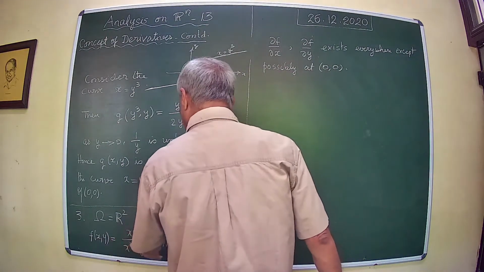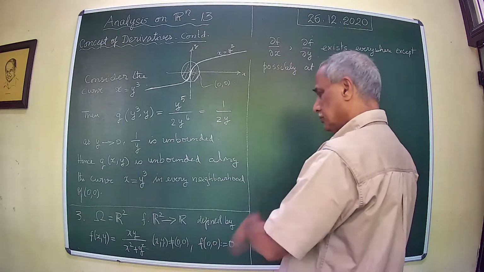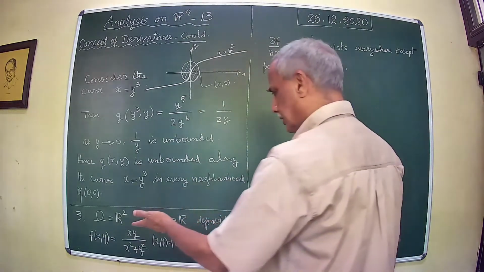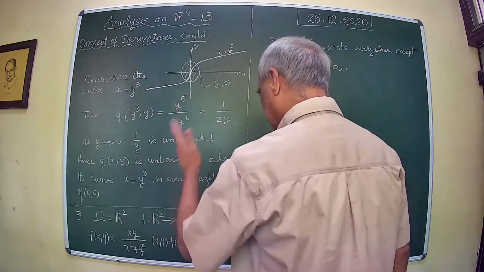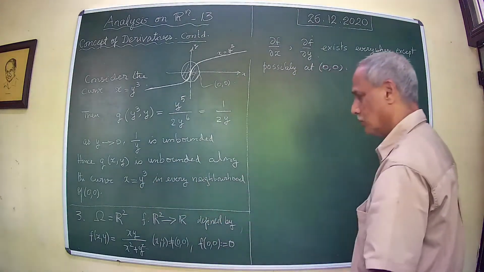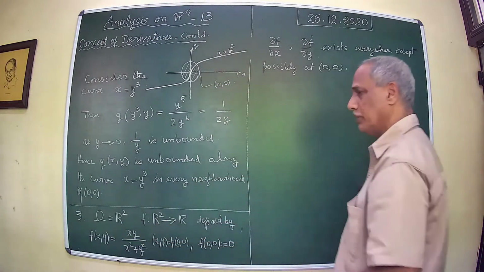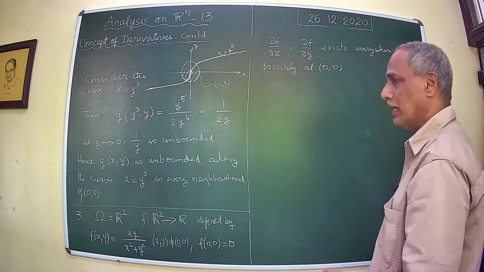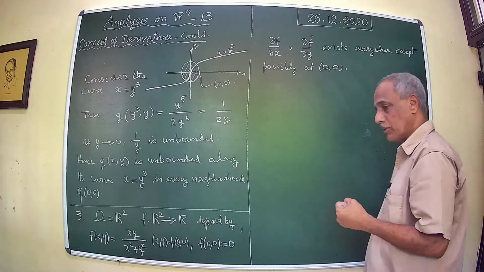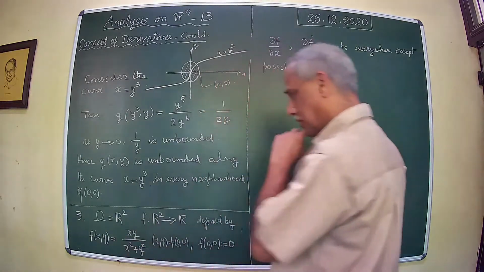What comes in the denominator is x square plus y square whole square, and the numerator is a polynomial, and the denominator does not vanish as long as you keep away from the origin.